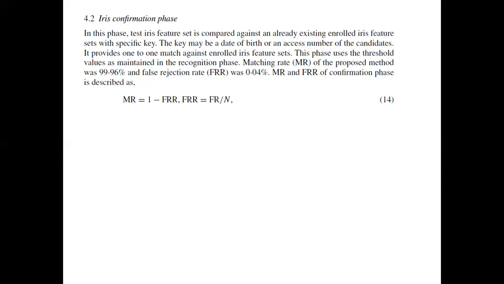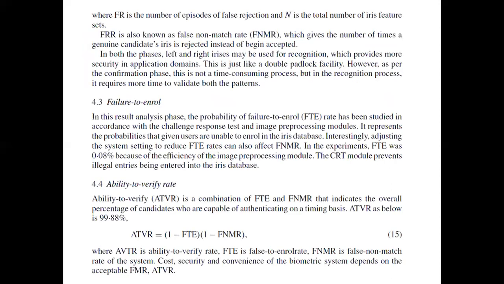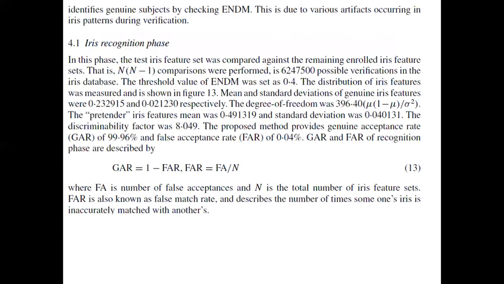Matching rate, MR, proposed method was 99.96%, and false reject rate. False reject rate is nothing but rejecting those who are available inside the system. So false acceptance rate, false reject rate. We have two things.